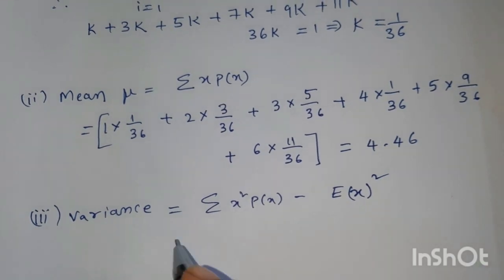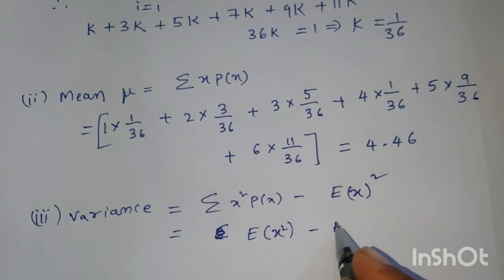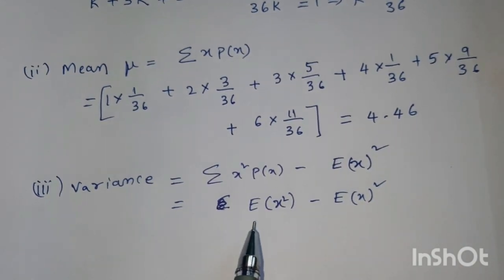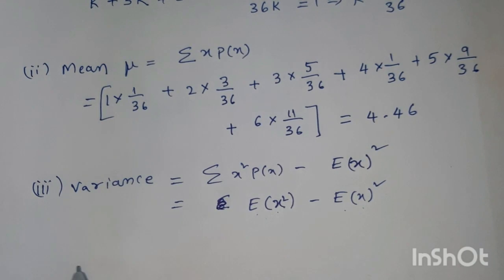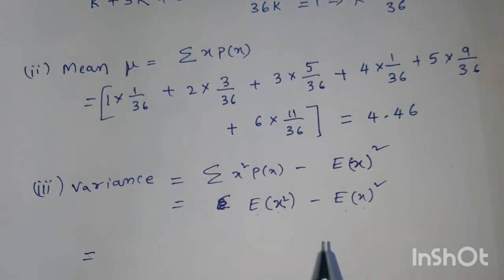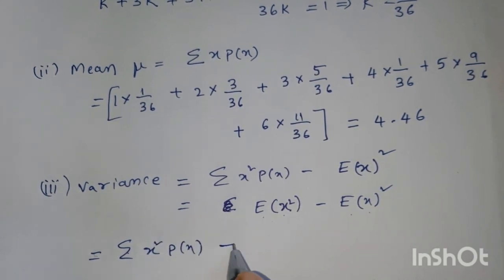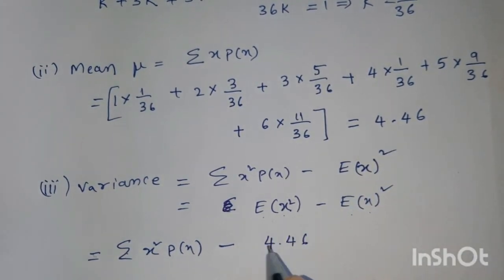This is nothing but E of X square minus E of X whole square. First we find out the value of E of X square and subtract E of X whole square from it. E of X square is the summation of x square P of x, minus E of X whole square, that is 4.46 whole square.